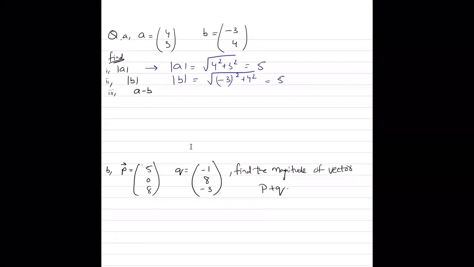Now the vector A minus B. Vector A minus B is going to be 7 and minus 1. Also find me the magnitude of the A minus B vector.